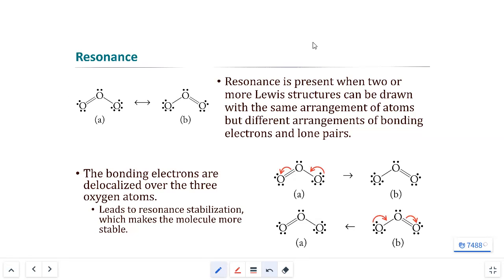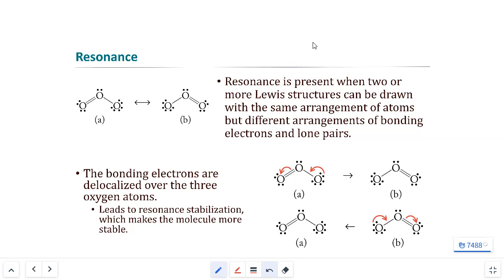But what it means for this structure is that the structure doesn't actually exist as the left or the right. It exists as both simultaneously and kind of neither simultaneously. When we talk about the bonds themselves here, what we will find is that the bonds themselves are exactly the same size and have exactly the same length, exactly the same strength because of that delocalization.